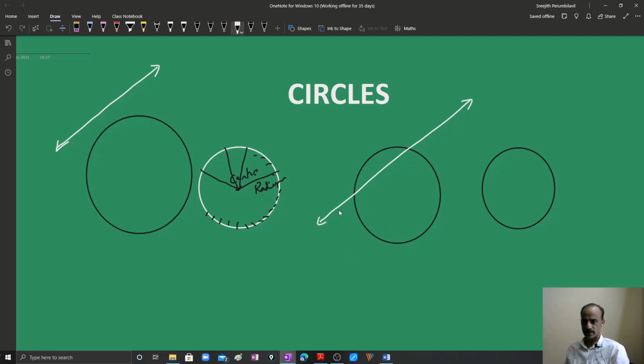The circle and the straight line intersect at 2 distinct points. And last but not least, there can be a case like this, where the line intersects the circle exactly at 1 point. Here there is no intersection.